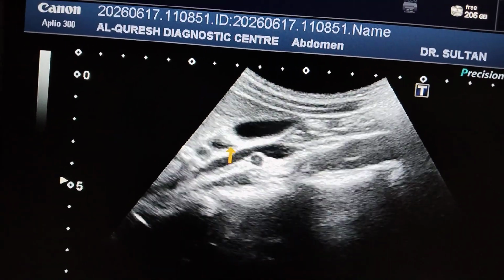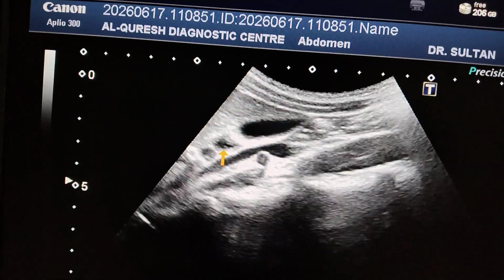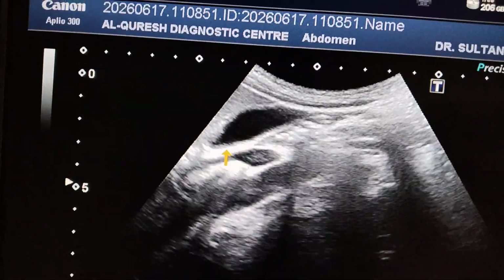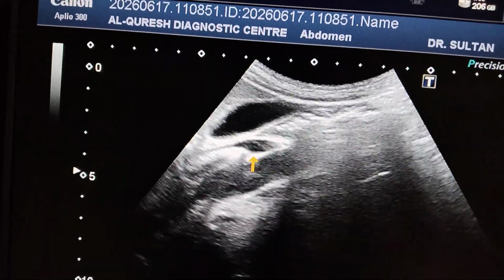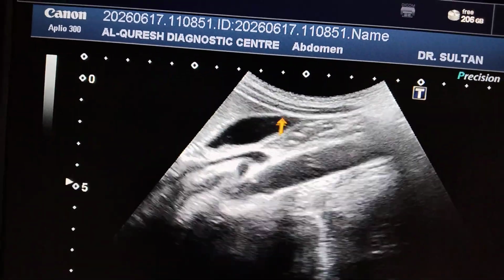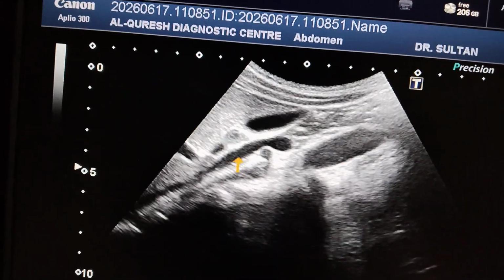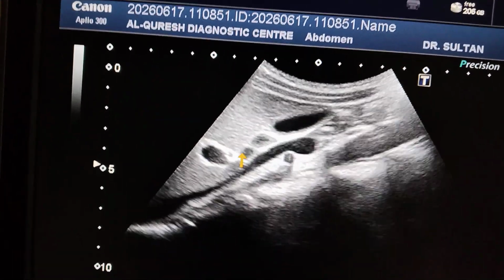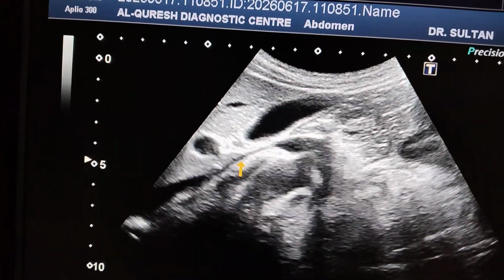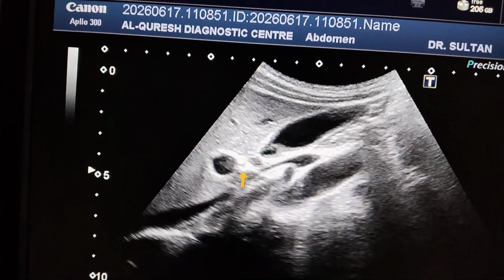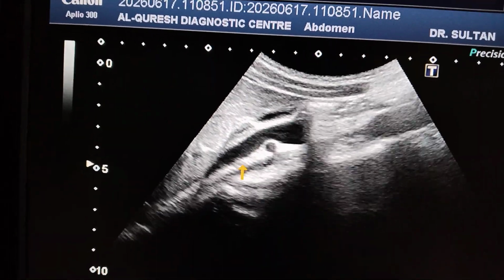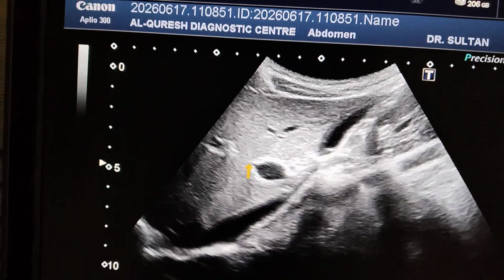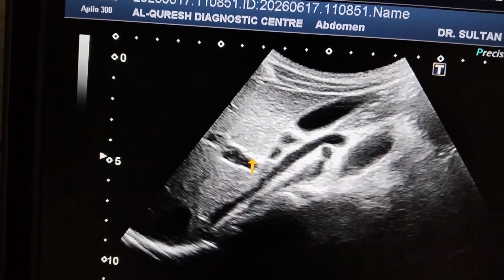So whenever you have such position of probe, you can tilt or angle the probe so that we can appreciate the gallbladder from the fundus to the neck of the gallbladder. Neck is the main culprit where the stone can be hidden. So in every scanning of the gallbladder, even normally, we should also see the gallbladder neck so that we can clear the neck of the gallbladder from the stone.